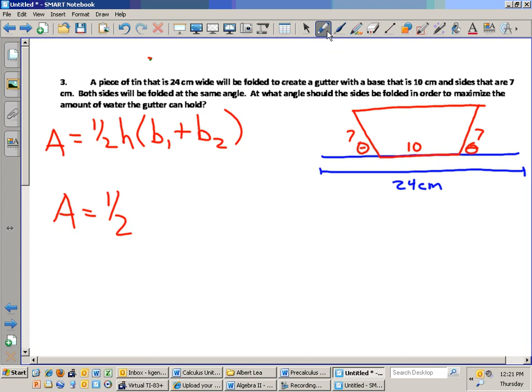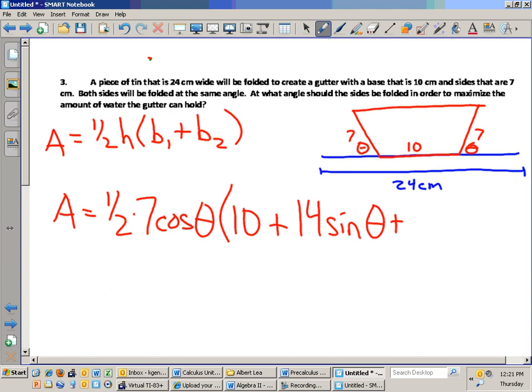1/2 times, what was our height? 7 cosine of theta. What was that lower base? 10. This is the magic, you guys.